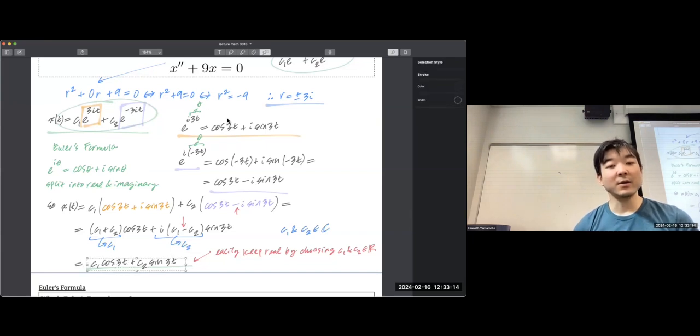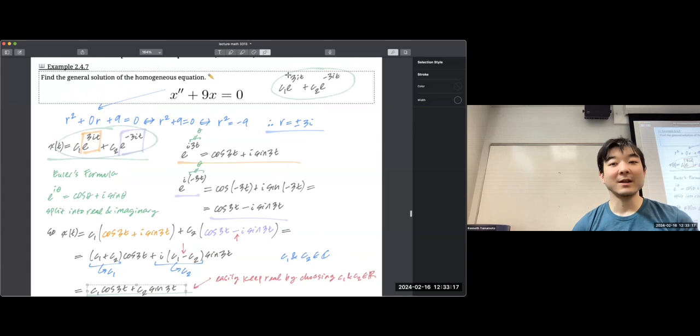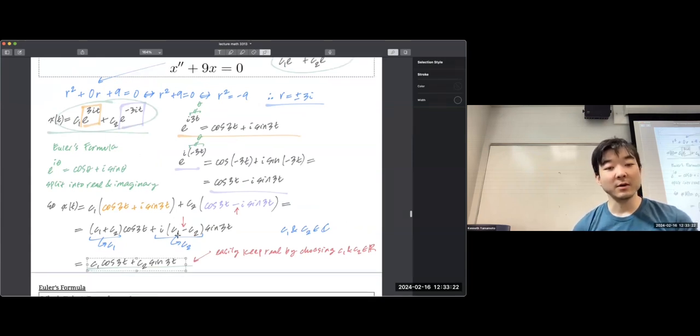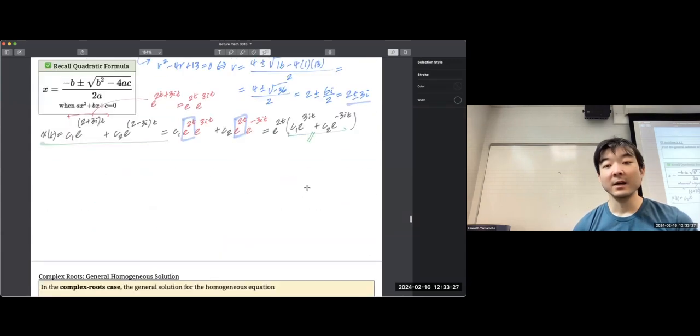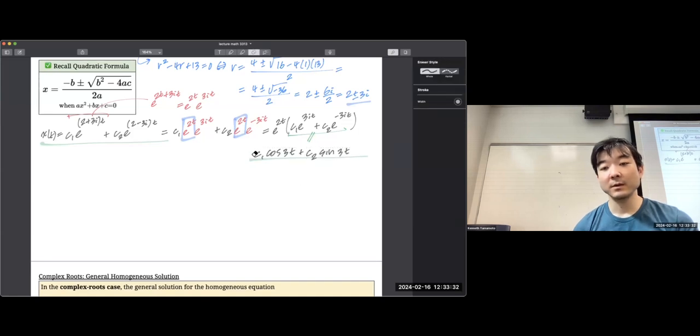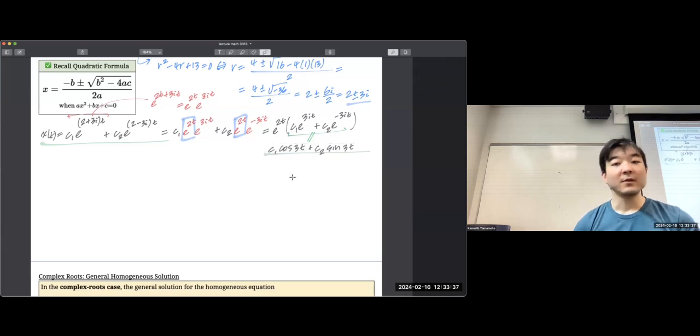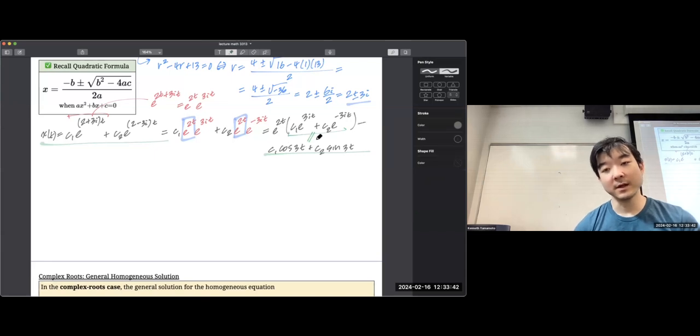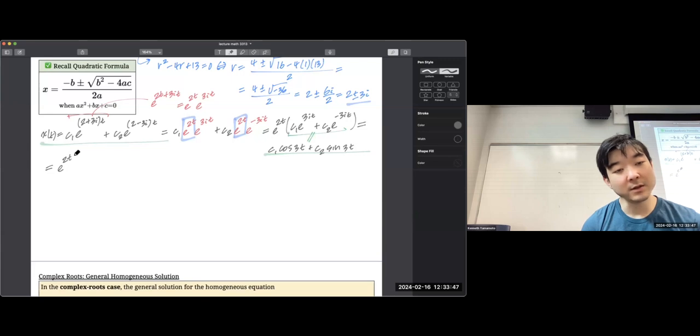We're not going to go through all this again, because we saw that this complex exponential expression, after all that work, was equal to this if you use Euler's formula. So we'll just copy and paste that right here. That means our work is pretty much done. This is just equal to e to the 2t times this thing.